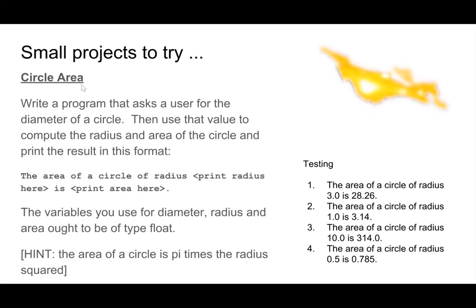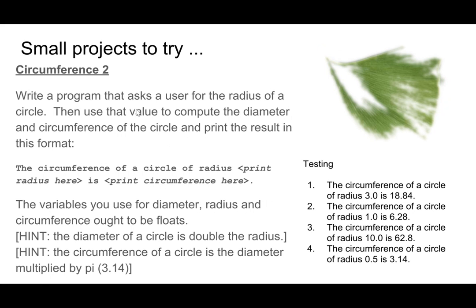This one computes the area of a circle. It asks the user for a diameter, so in this case, you need to compute a radius and then the area. In this one, it asks for a radius. You need to compute a diameter and then a circumference.